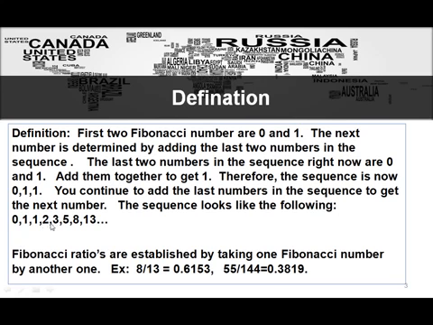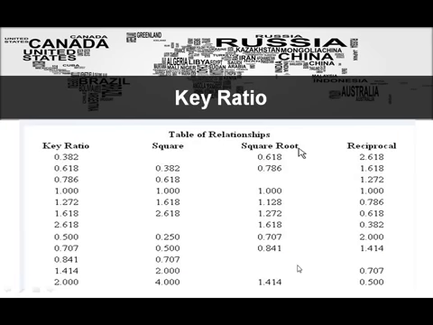So you get 50%, 61.8, 38.2, and so forth. If you look at the key ratio values, they're right here. You could do square roots and stuff like that. These are key values that you could see based on Fibonacci's.